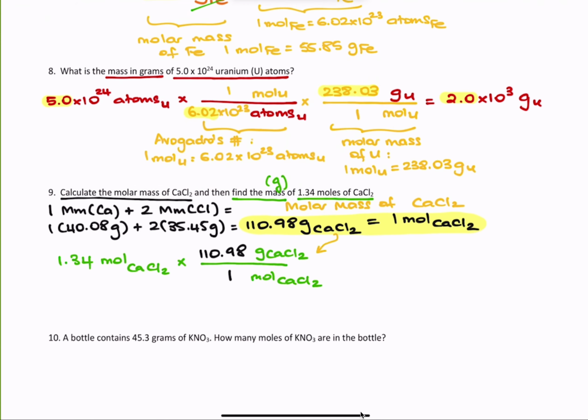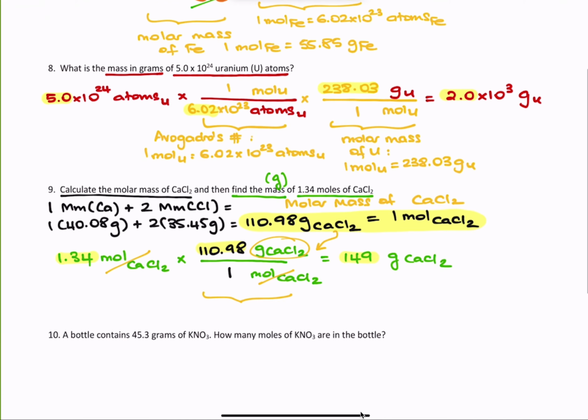Because this is the conversion factor that's going to allow us to cancel the moles of calcium chloride and be left with a grams of calcium chloride unit. We're going to plug this into our calculator and we'll get, to 3 sig figs, 149 grams of calcium chloride. Sig figs wise, 3, 5, answer to 3 sig figs.